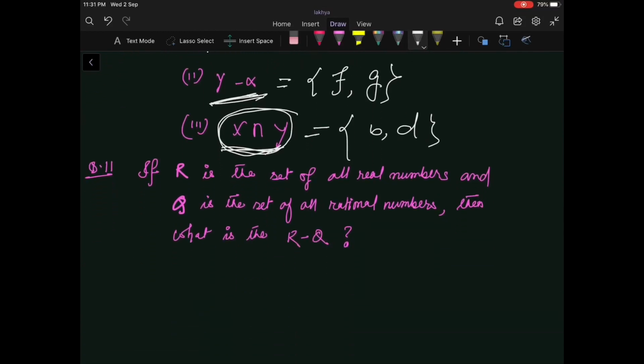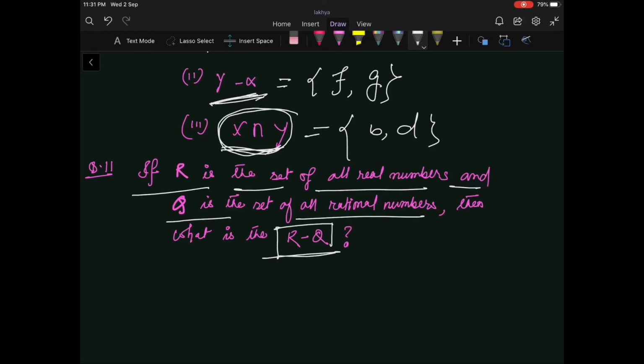Now here you see question number 11. R is the set of all real numbers and Q is the set of all rational numbers. Then what is R minus Q? Okay, so you see all the real numbers are not rational. There are some rational numbers and irrational numbers as well.